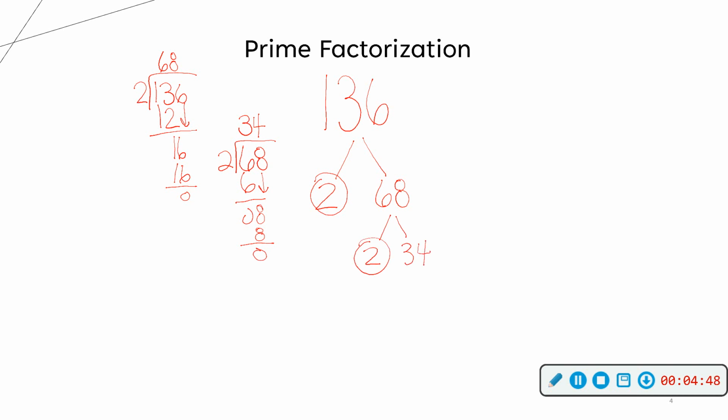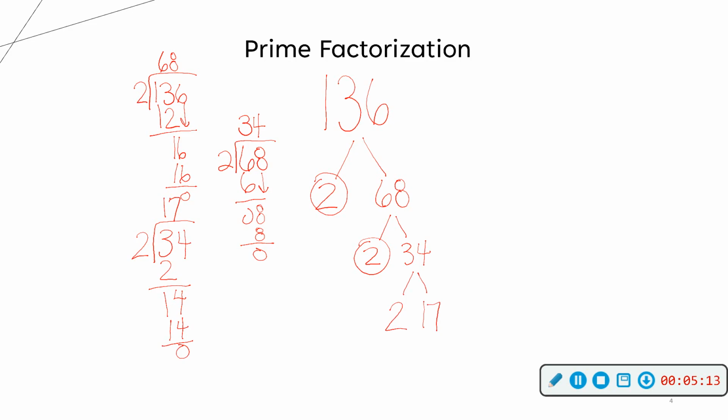Let's keep going. So 34 divided by 2 again. That goes in there 1 time, and then 4 divided by 2 is 2, so that's 17. So in that case, we know that 2 times 17 will give me 34.